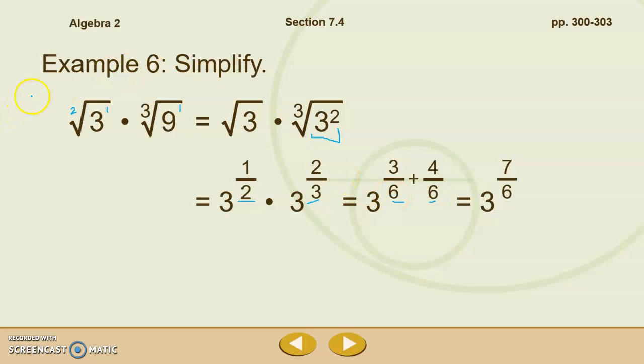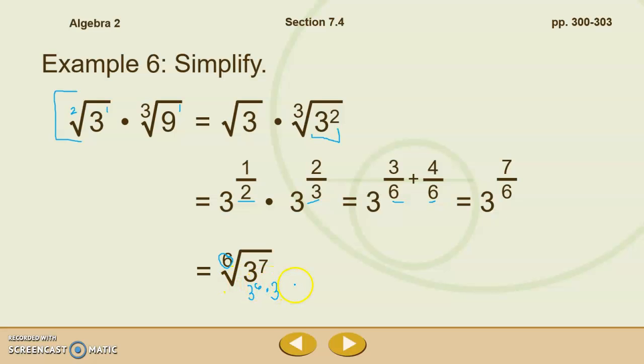Now let's put it back in radical form since that's where we started. So we can write that as the 6th root of 3 to the 7th power. But 3 to the 7th and our index is 6, surely there's a way to simplify that. Now if you think about it, 3 to the 7th is just 3 to the 6th and then one more 3.